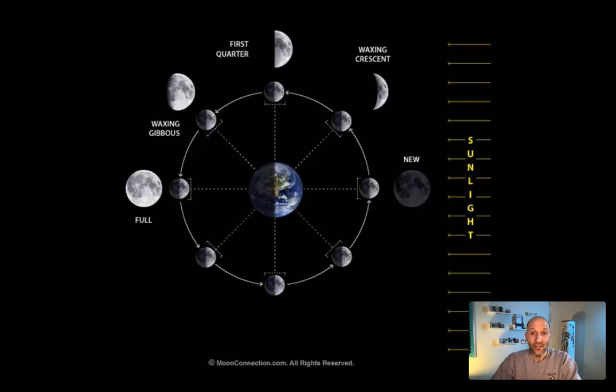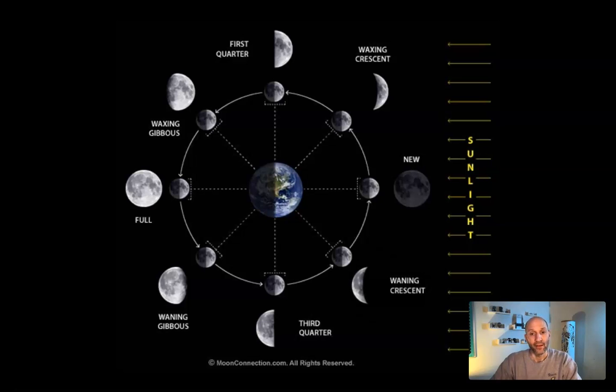As the moon continues to revolve around the Earth, you'll notice that the shadow is going to appear larger. The next phase after a full moon is called a waning gibbous, transitioning to the third quarter, and finally a waning crescent.